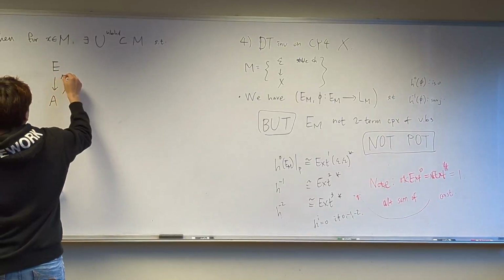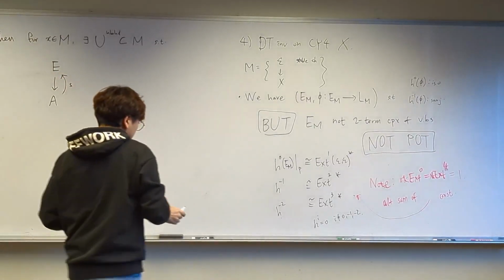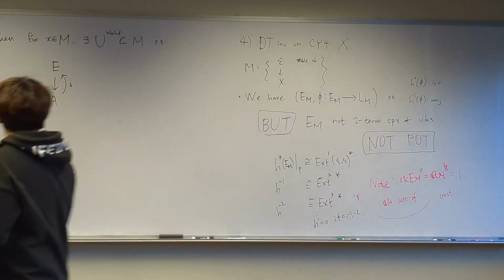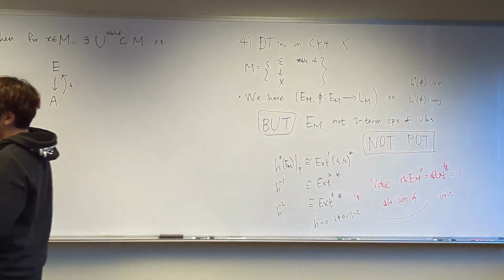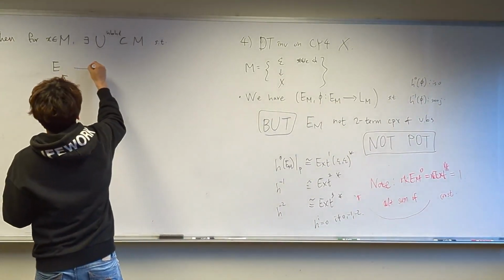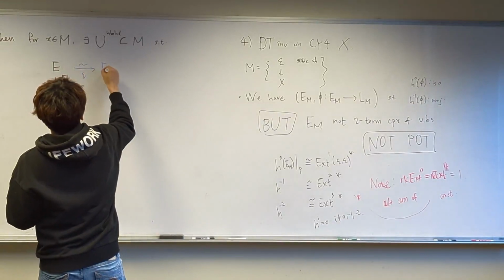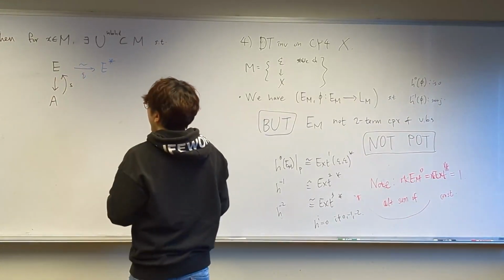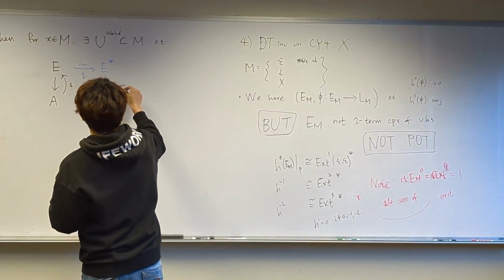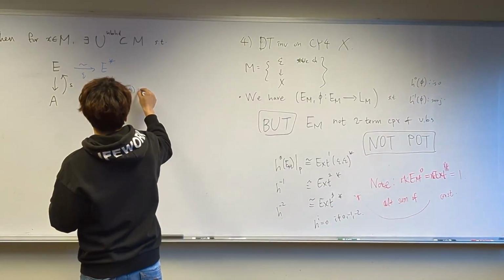This part is all the same, but we need some more data. From Q, we also have some isomorphism, and we also need an isotropic condition.